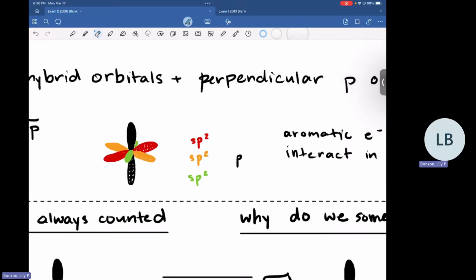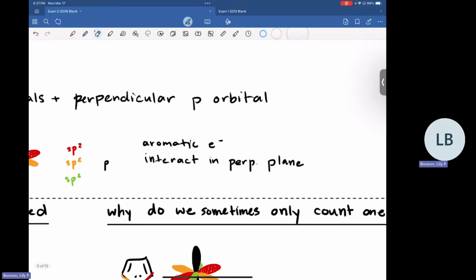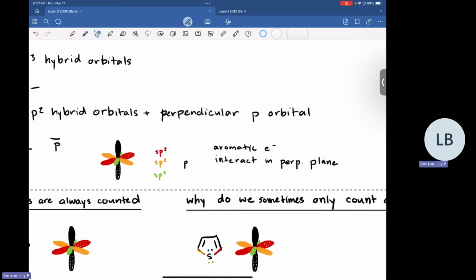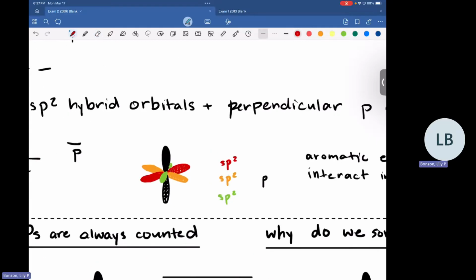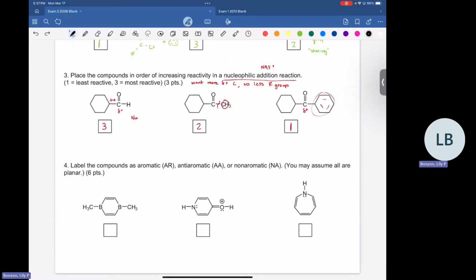Hopefully you can see that. In this one, the colored orbitals are the sp2 orbitals, and they're all on the same plane. Pretend they're flat on the same plane together. And the p orbital is the one that's sticking up and down in the black. Again, these aromatic electrons all have this p orbital that they interact with and make a molecule aromatic. So I'm just going to go ahead and do these examples.